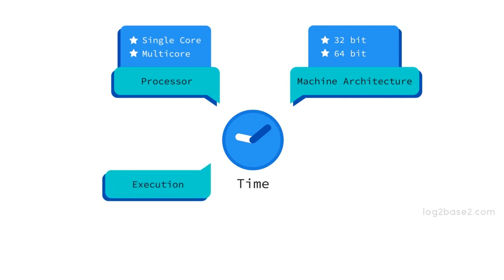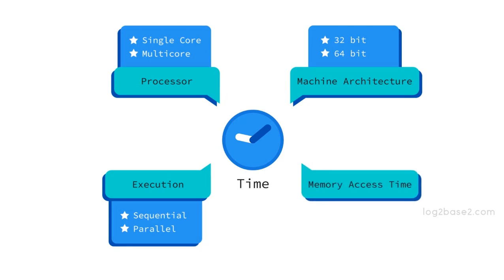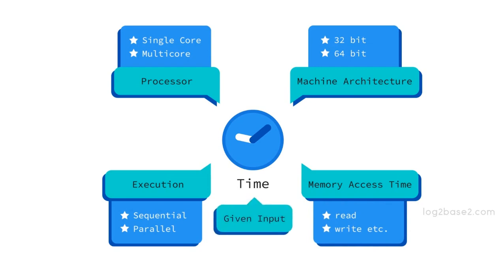That is, the machine can execute instructions one by one, sequentially, or it can execute multiple instructions parallelly. Then, the time complexity depends on the machine's memory access time. That is, how fast a machine can read or write data to or from the memory. And the last one is what input we are giving to a particular algorithm.